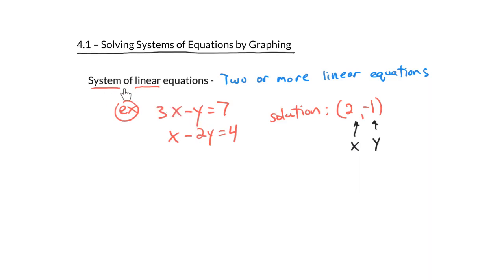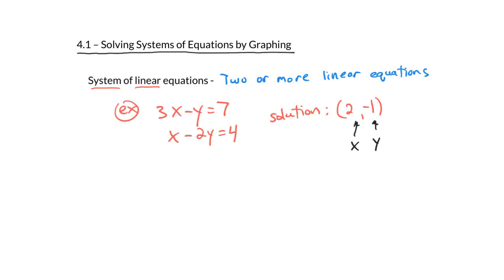So when we have a system of linear equations, it just means two or more linear equations like this. For us, it's always going to be two. In reality, there will be many more. Like in an applied setting, there can be hundreds or thousands of these linear equations, and there can be hundreds or thousands of variables, and we need to find the solution that works for all of them. So just to make it official, let's write down what a solution is.